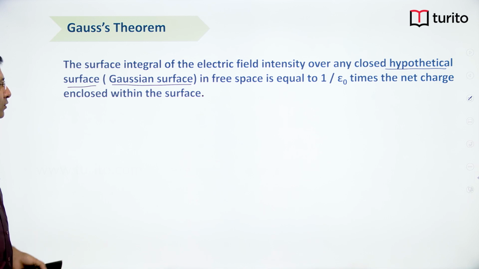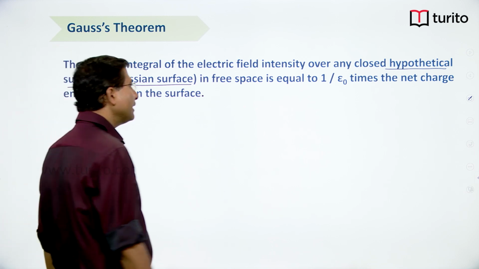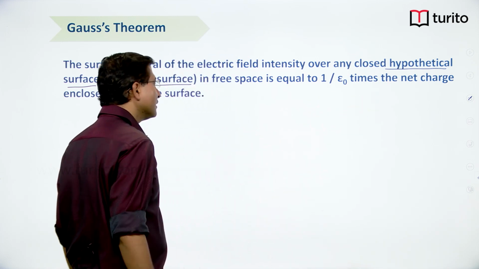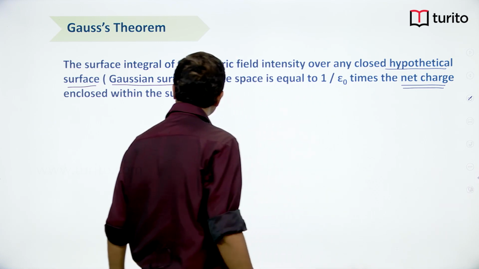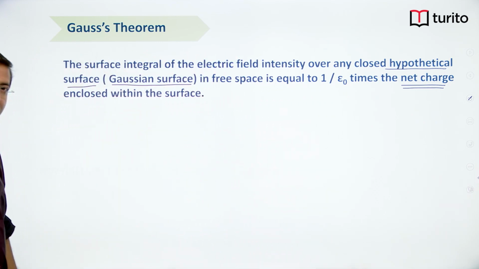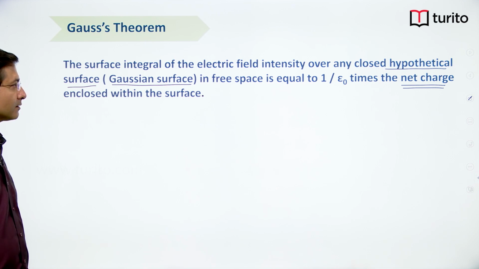right. So the surface integral of electric field intensity over any closed hypothetical surface in free space is 1 by epsilon naught times the net charge enclosed within the surface, and this is what we have seen, right.